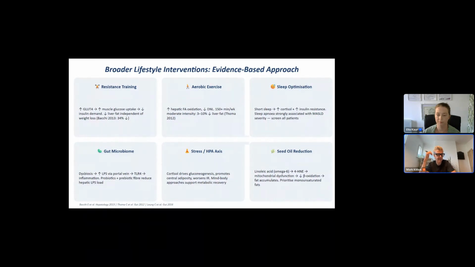It reduces that systemic insulin demand, and therefore it reduces the hepatic fat storage signal. Another study in 2013 showed 34% liver fat reduction from resistance training alone, independent of weight loss.